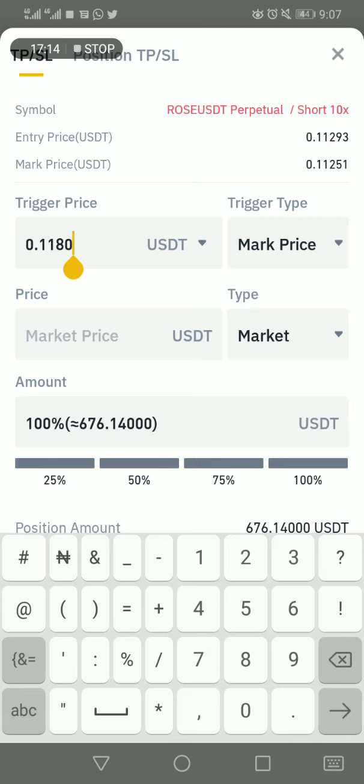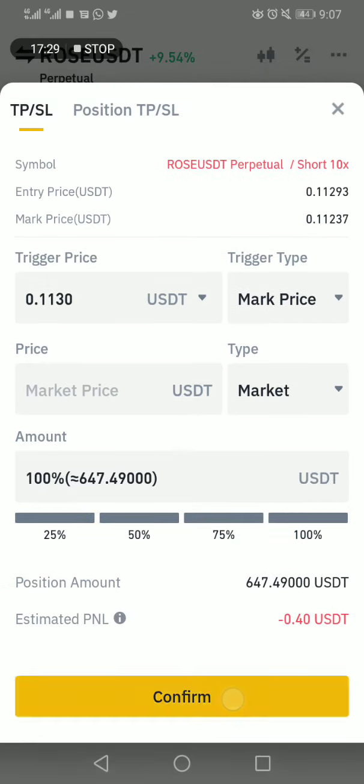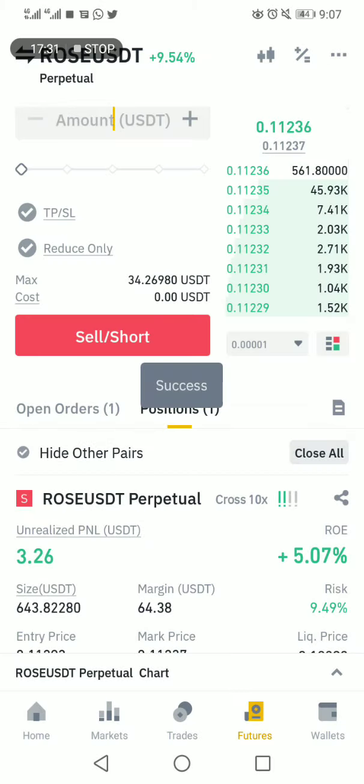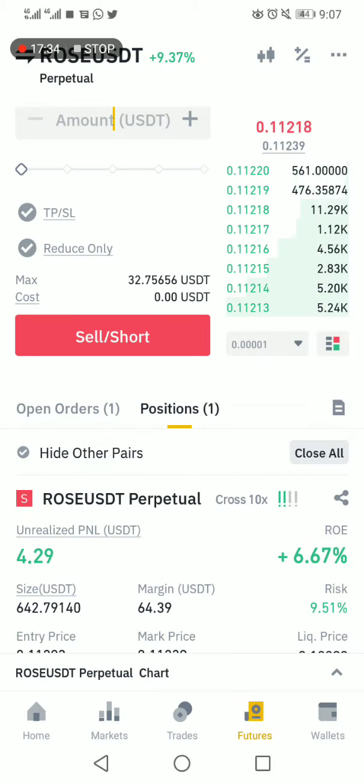Okay, this is even too much, but this is just an example. So once you set it at 0.112, let's say 30, okay, I can just set it like this. This is my stop loss. See it? This is my stop loss now.